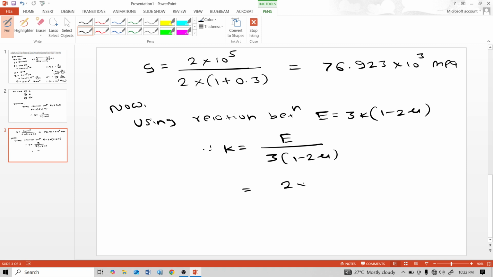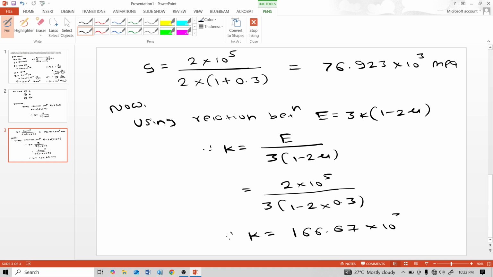E is 2 into 10 raised to 5 upon 3 in bracket 1 minus 2 into 0.3, Poisson's ratio, and therefore this K is 166.67 into 10 raised to 3 MPa. And this K is in between Young's modulus and shear modulus.